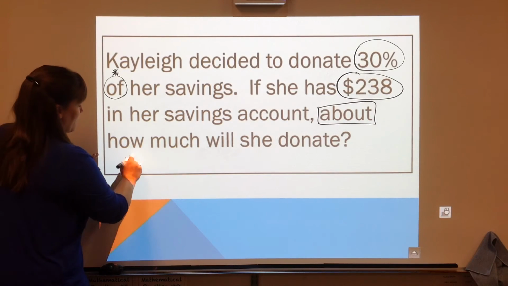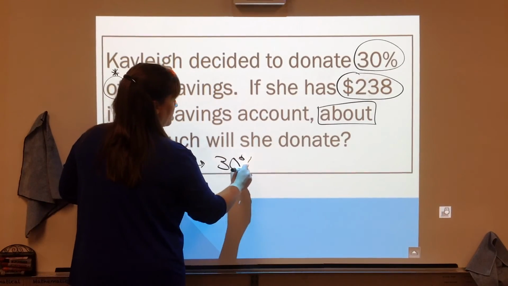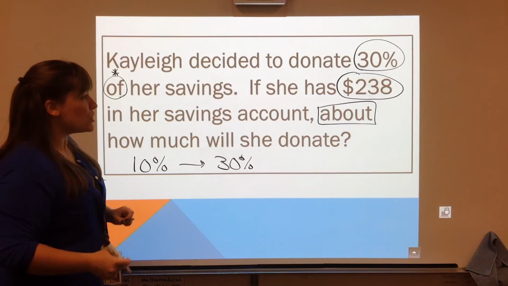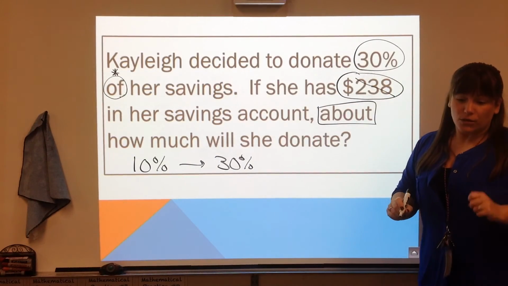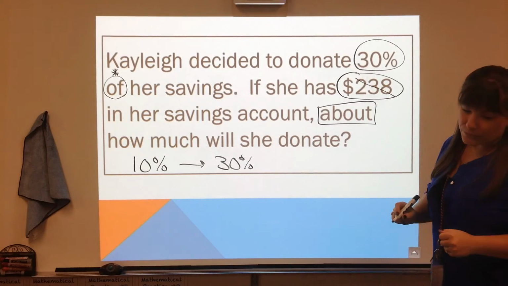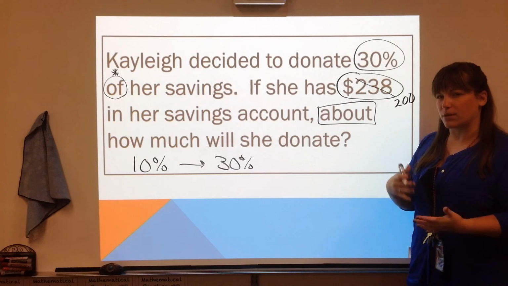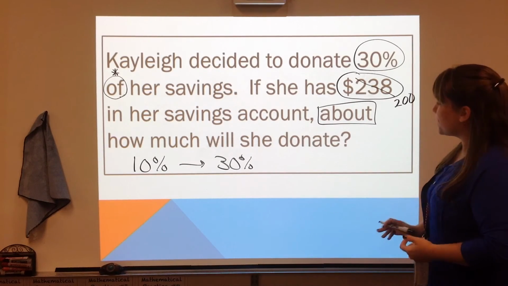So I'm going to have 10% going to 30%, because that's the amount that she's going to donate. I'm going to change 238 to be 200. I know it's dropping down a little bit, so my estimate's going to be a little bit lower than what she'll actually be giving, but that's okay.